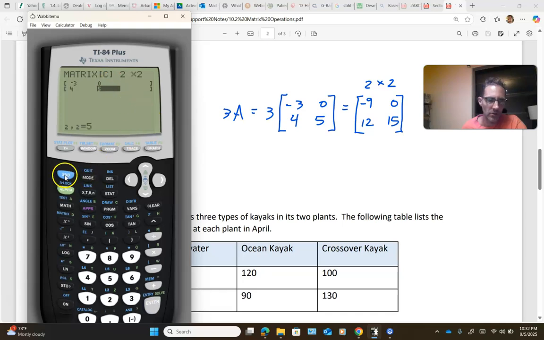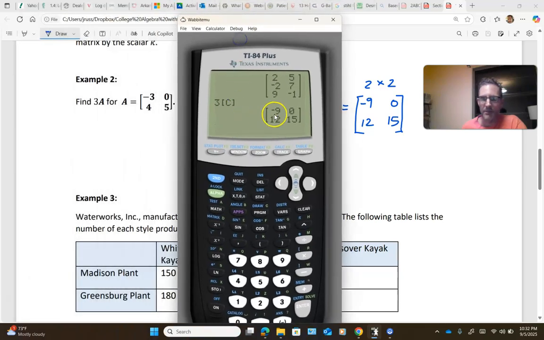Now I'm going to quit this screen. Since I'm using C in my calculator, I need to say 3, and I don't even have to hit the times key. I just need to grab my matrix, and it is C that I'm using. If you hit enter, you'll get it. See that? All these entries match.